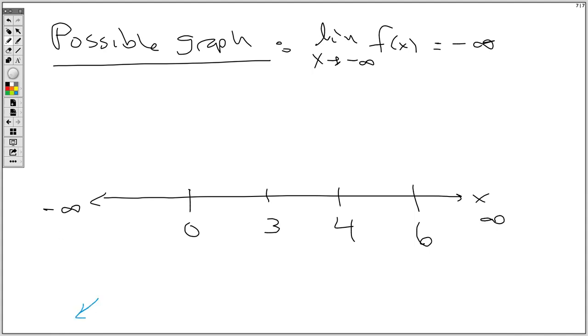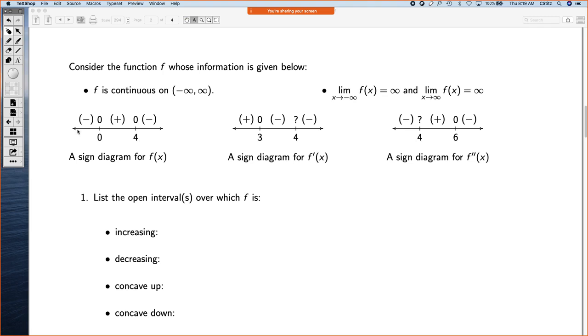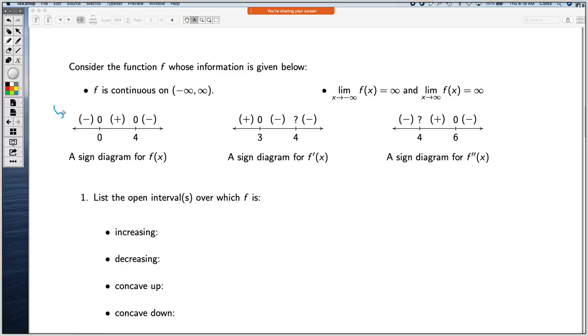And so what happens coming up to 0? The function is negative, so it's below the x-axis. Coming up to 0, it's increasing, and it's concave down. If I look at concave down, there's two halves to concave down.